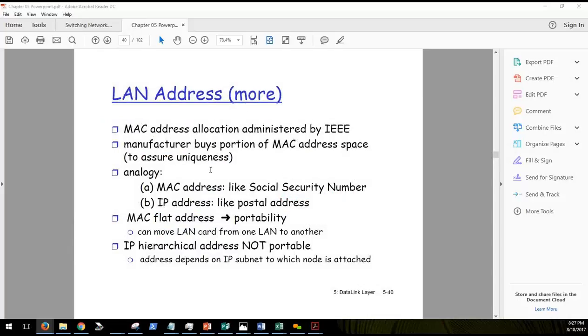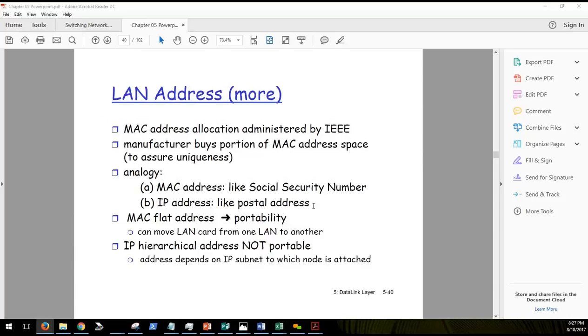All right, so a MAC address is very similar to a Social Security number, and IP addresses are similar to a postal address.